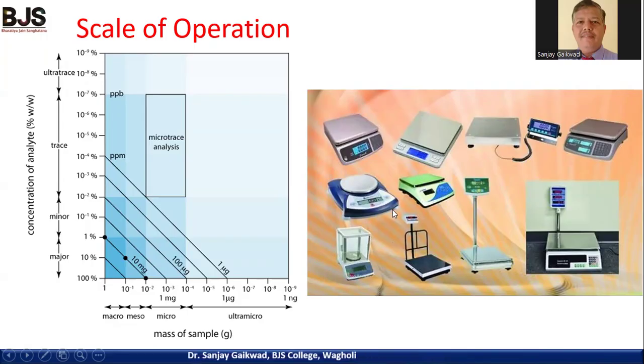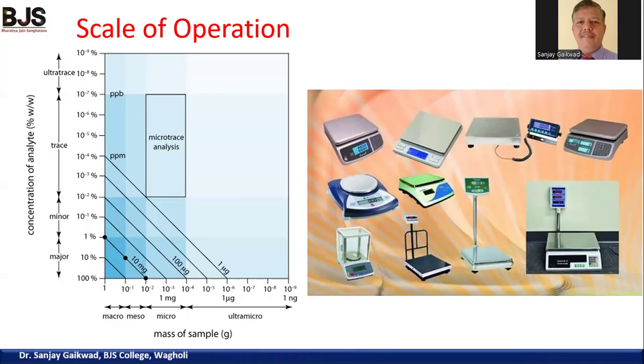These equipment and measurements are classified on the basis of whether it is a micro level, a macro level, a meso level, or an ultra micro level. In these cases, we have to select the type of analysis. For example, if it is a macro level, then major analytical methods we have to select.